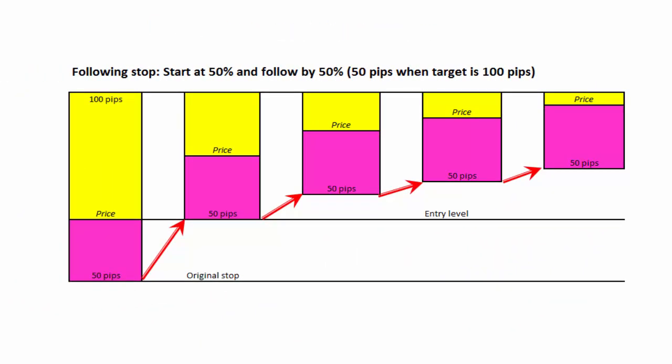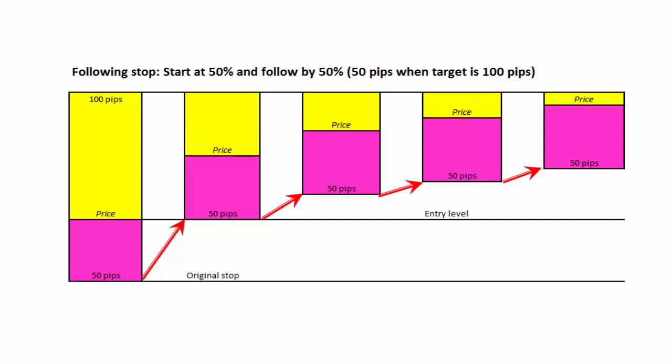Now, I use the word following stop and trailing stop interchangeably. They mean the same thing. So if we look at this following stop example, let's say you've got a 100 pip target, a 50 pip stop. You then say to the following stop or the trailing stop, when I am 50 pips positive, create a following stop that is 50 pips big, in this example, and then trail it by every movement of 10 pips that the price makes.